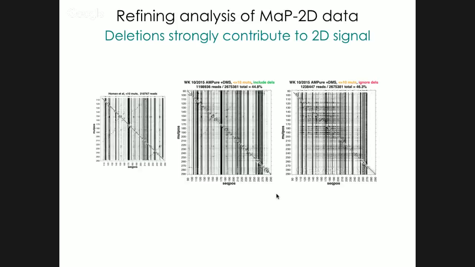But imperfections in the primers that we order could result in mutations or deletions occurring when we assemble the DNA template. And so I excluded deletions and found that it raises the background, these strong horizontal striations, a lot relative to including the deletions.